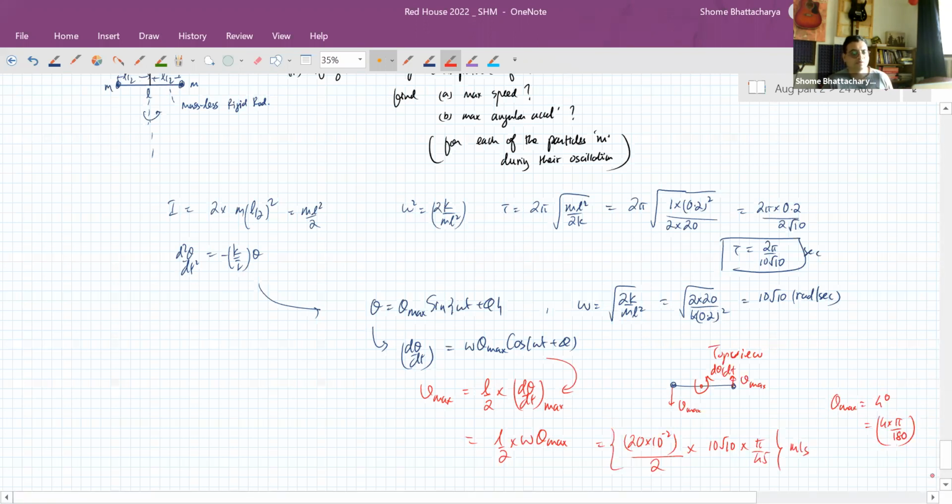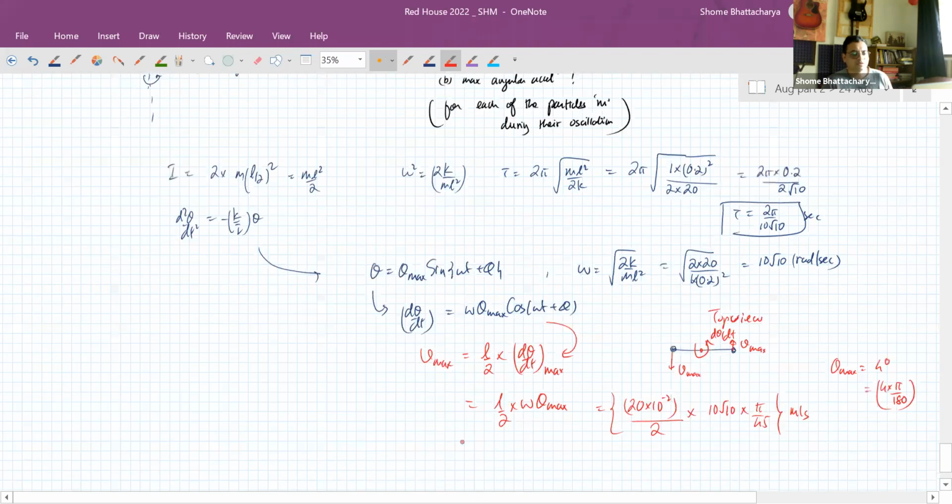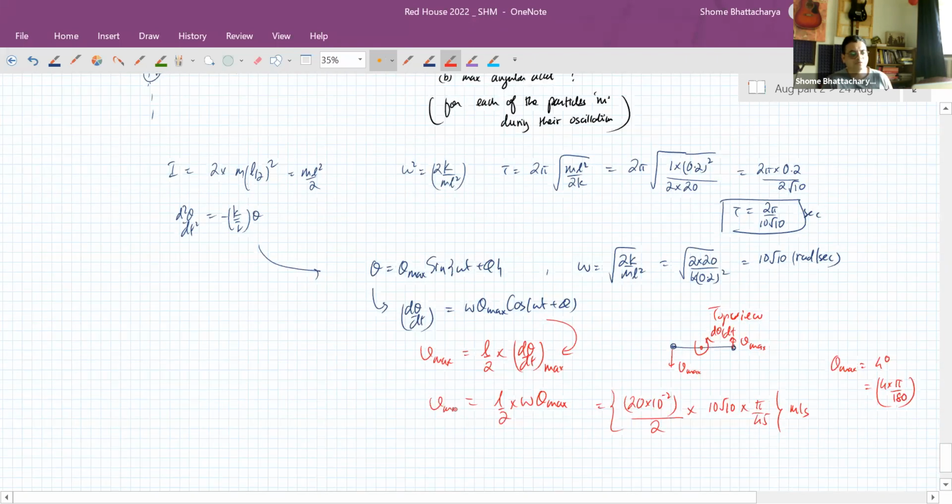So this will be the maximum speed of the particles, and the maximum angular acceleration will be, of course, d2 theta by dt squared maximum. So that will be omega square into theta maximum, 1000 into pi by 45 in radians per second square.